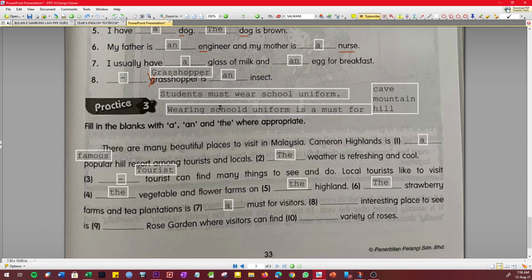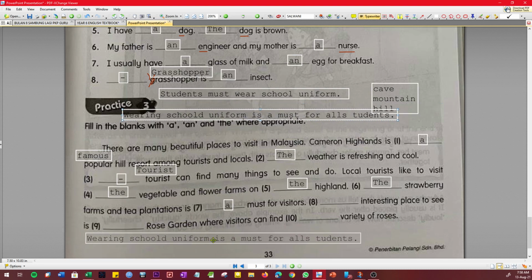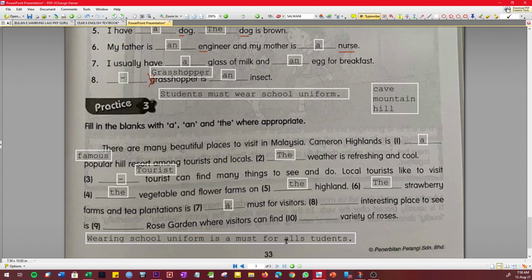For all students. Okay. Nampak kan? Wearing school uniform is a must for all students. Apa perbezaan dia?